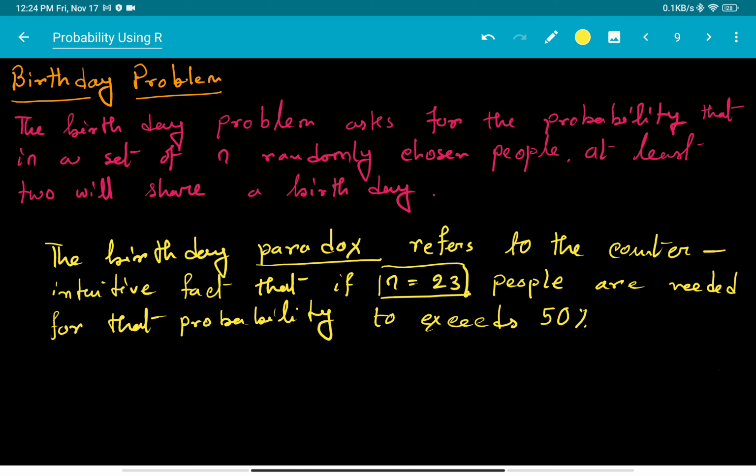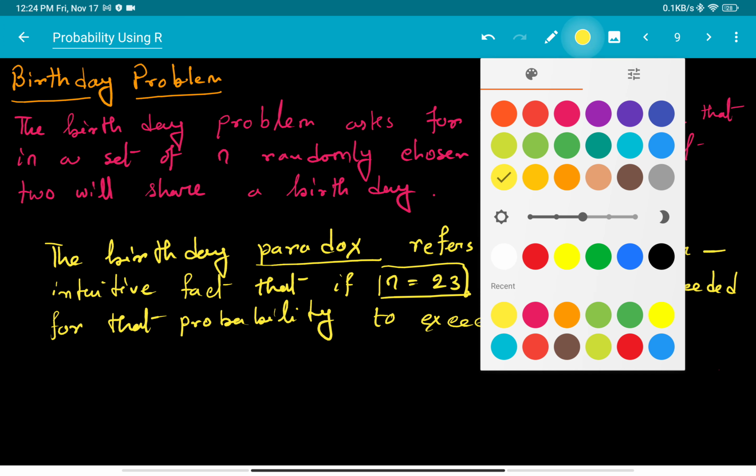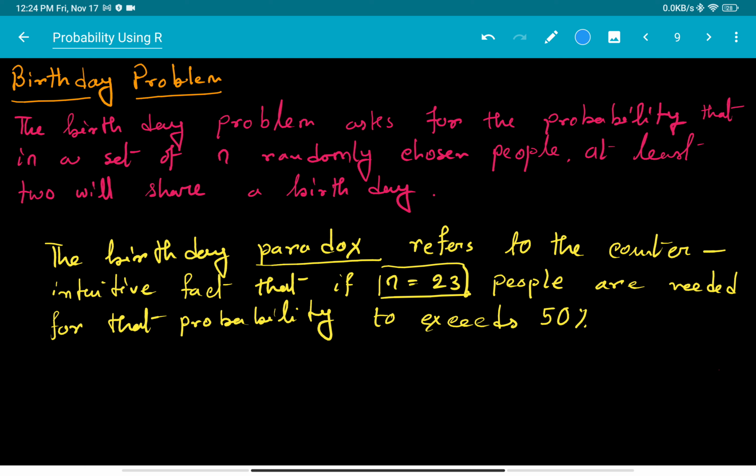With 23 individuals there are 23 times 22 over 2, that is 253 pairs, to consider, which is more than half the number of days in a year.